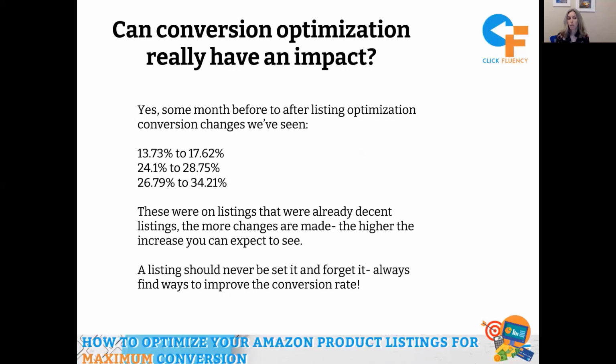You have to keep in mind, the way people are searching on Amazon is always going to be changing. It's always going to be based on what people are actually typing in and searching for on Amazon. That's not going to be the same as it was 2 years ago. So keep that in the back of your mind if you're thinking, well, I've updated my listing, so I shouldn't have to touch it ever again, especially if you have a smaller product catalog on Amazon, like 10 products or less, or especially 5 products or less.